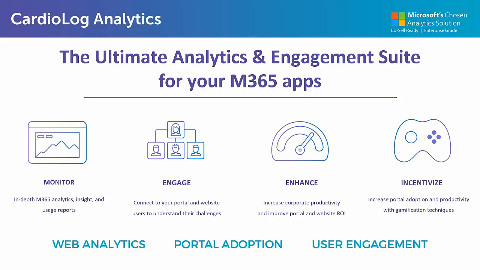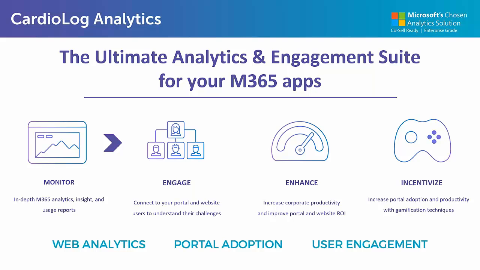A little bit about our vision as a company. This slide shows our evolution. Our goal is to help customers constantly improve SharePoint based on how it's being used. The four main pillars we talk to customers about are monitoring activity, which is tracking usage within SharePoint and Microsoft 365 platforms with in-depth intranet analytics, insights, and usage reports.